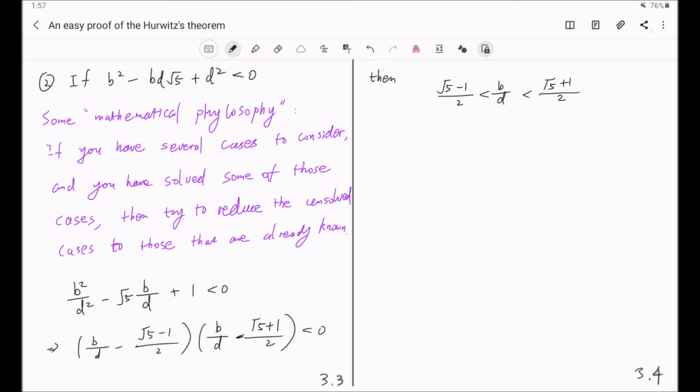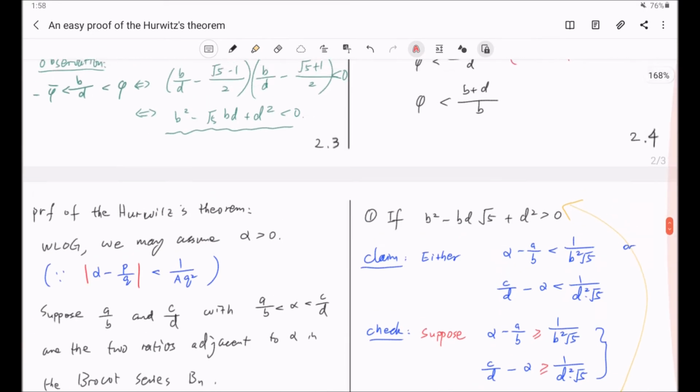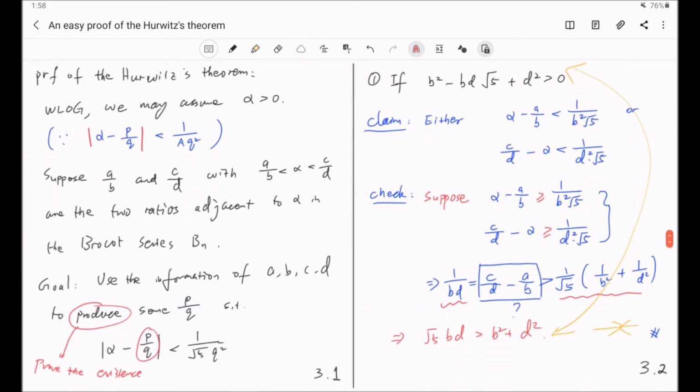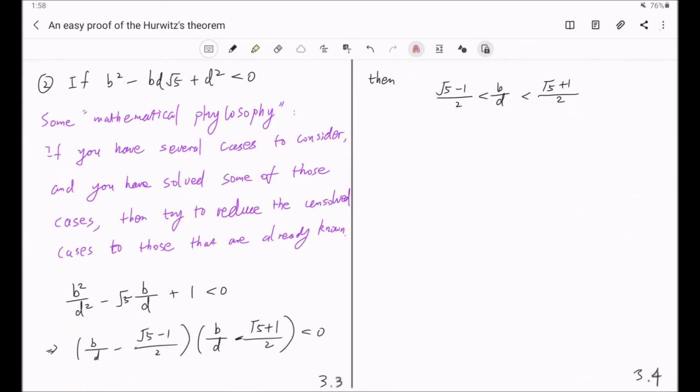Okay, now I tell you, with this information, you can reduce the second case to our first one. And to make this reduction, you need to use one of the observations we made earlier. I'll let you think about it on your own, but I will tell you the answer anyway.